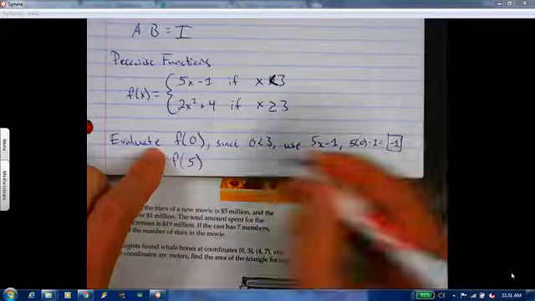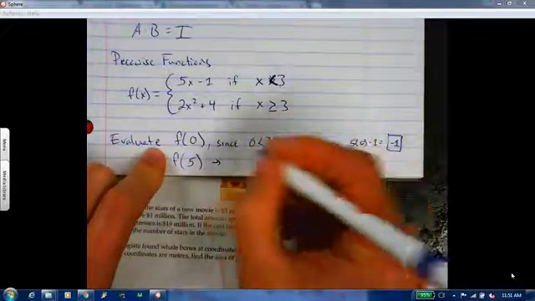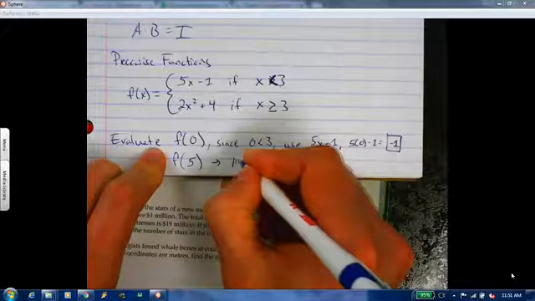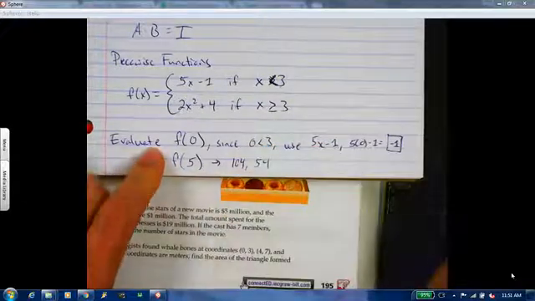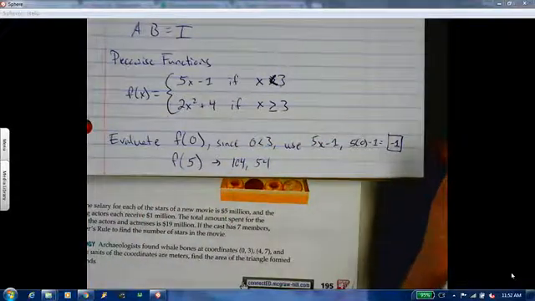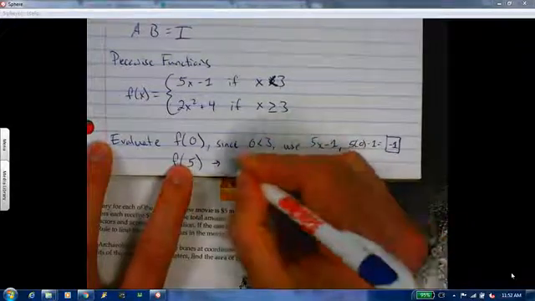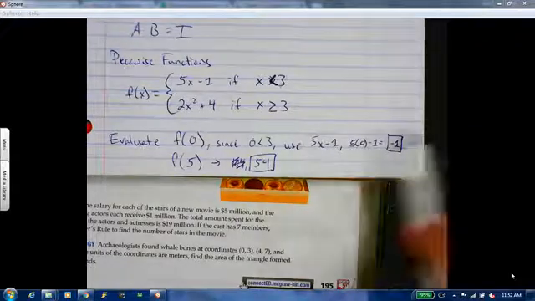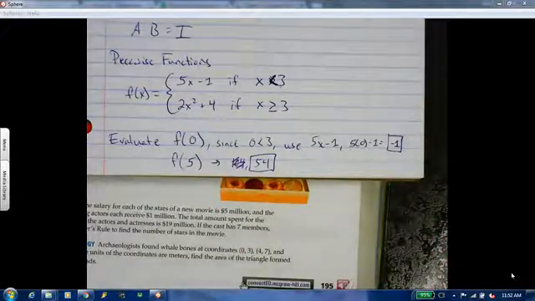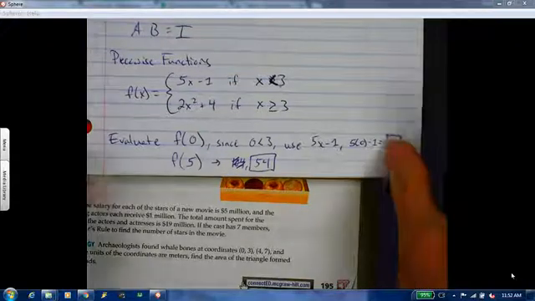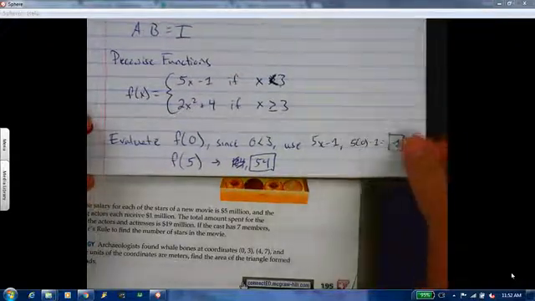I'll give you options. Is it 104 or 54? 54. Okay, 54. Make sure you use order of operations. Do the exponent before multiplication. Okay, so that's what evaluating piecewise functions is.